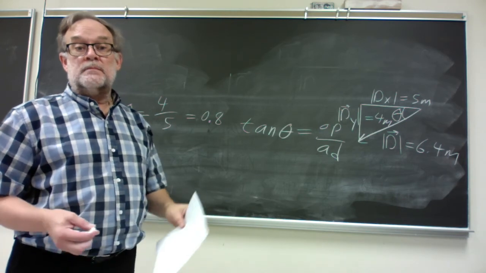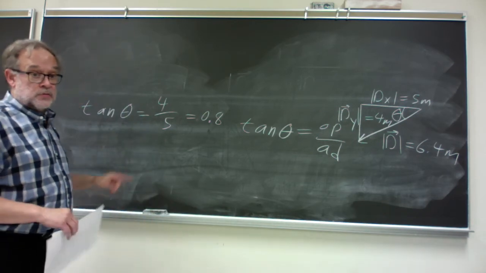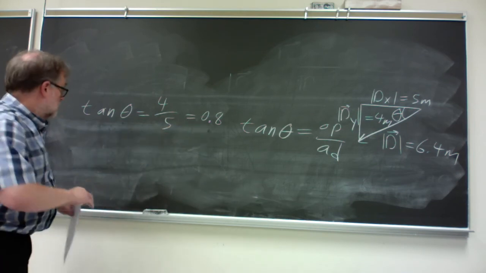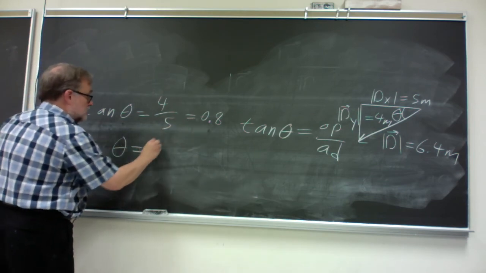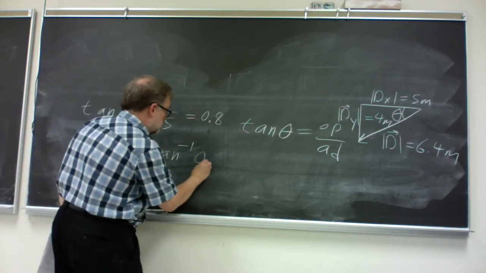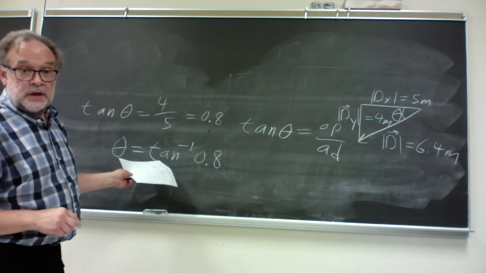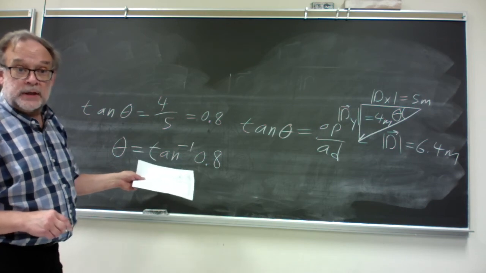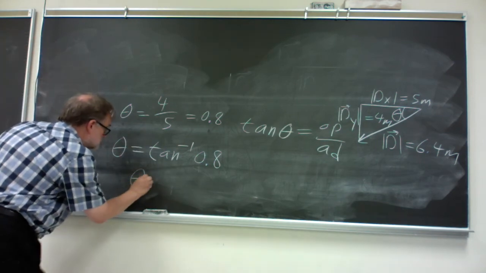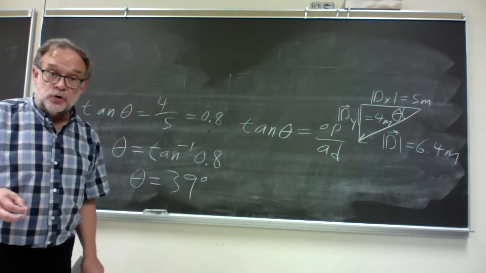And to do that, you use the so-called inverse tangent function. If tangent of an angle is 0.8, then the angle itself is the inverse tangent of 0.8. And your calculator will tell you that it's about 39 degrees.